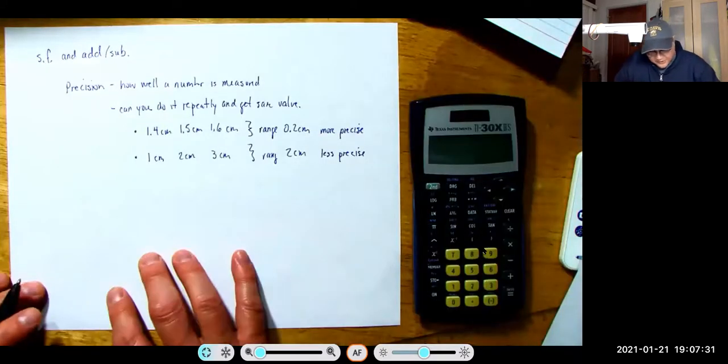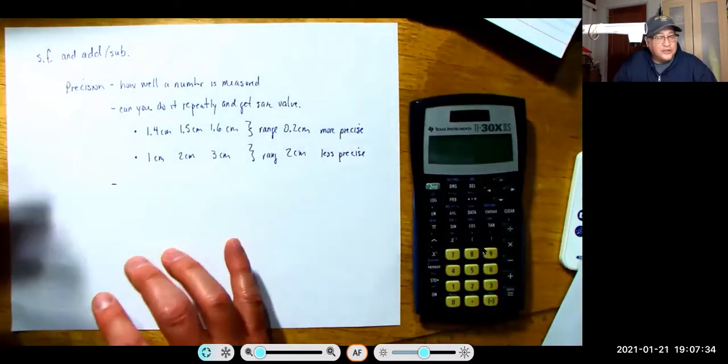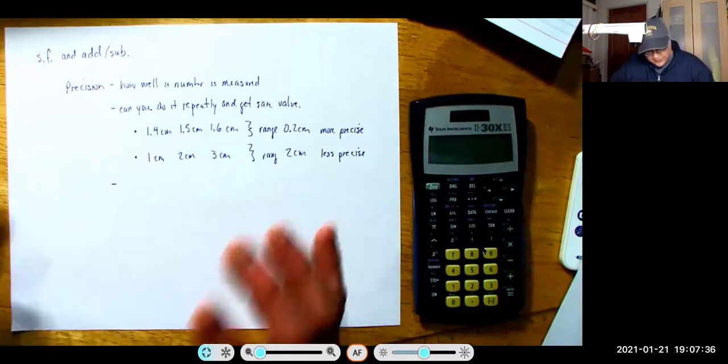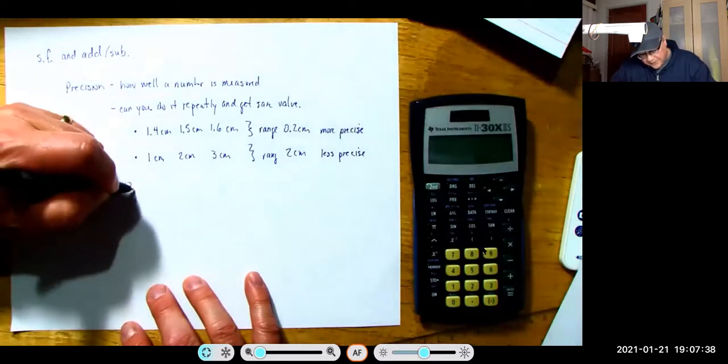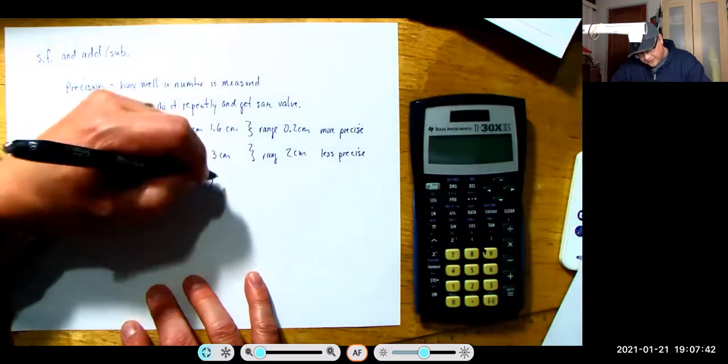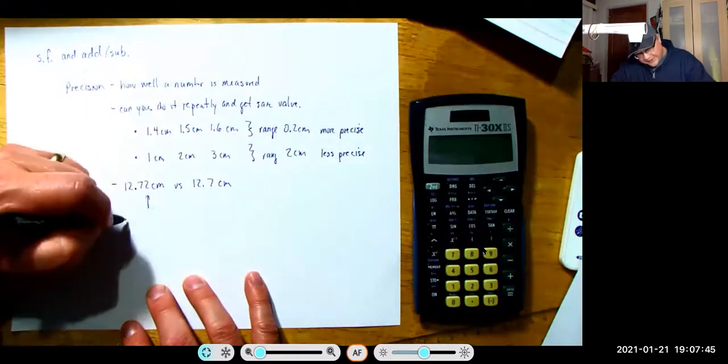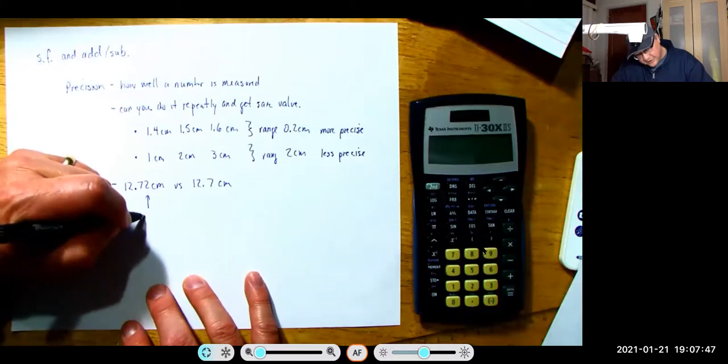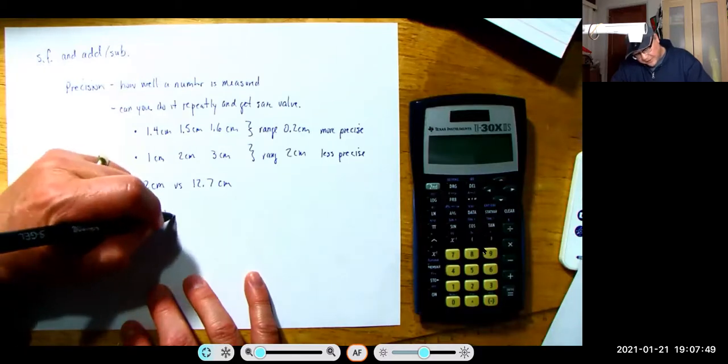However, sometimes you can look just at two separate numbers like 12.72 centimeters versus 12.7 centimeters. This is precise to the 100th of a centimeter.